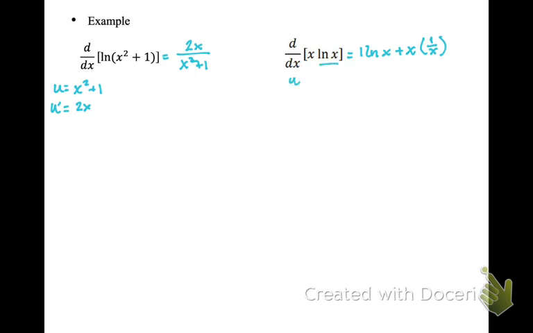So u is x, u prime would be 1. Okay, so I get 1, and I like to put the 1 in front. So 1 plus the natural log of x.